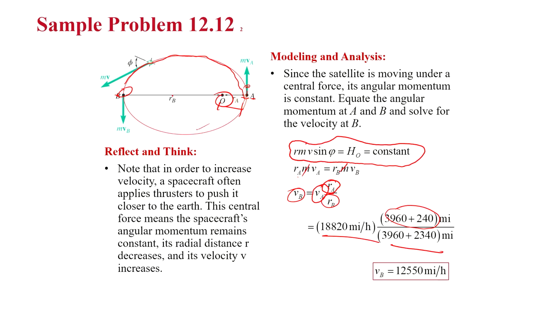It's going to be faster, and then it's going to be slower over here. So the only changes that apply here are the changes in distance and the changes in velocities. Masses are the same. So this value of rA is different than this value of rB, obviously, it is smaller. So the velocity at A has to be higher, and the velocity at B has to be slower because the distance is greater.